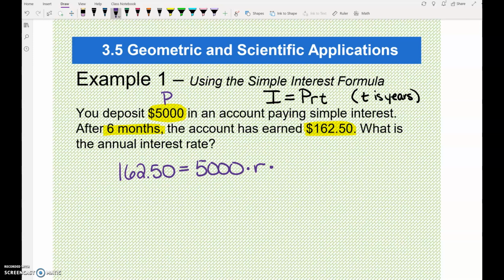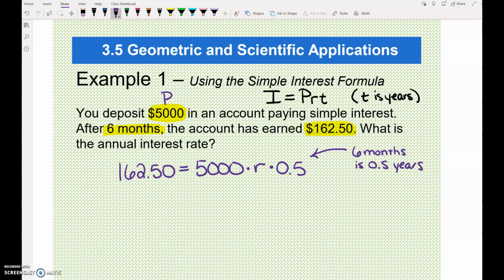For the time, what should we put in there? 0.5. Because, I'm going to make a little note, 6 months is 0.5 years. That T has to be in years. So if they give you something other than years, you have to first convert it to years.